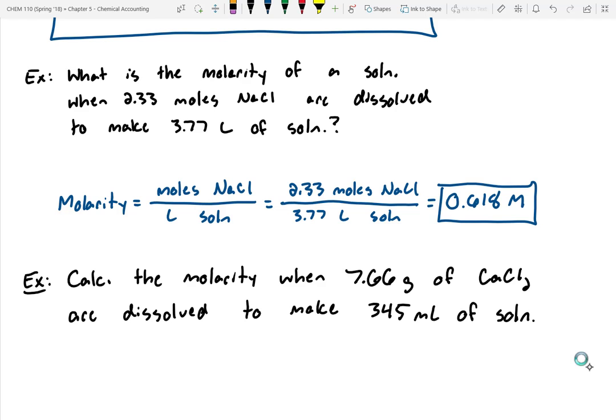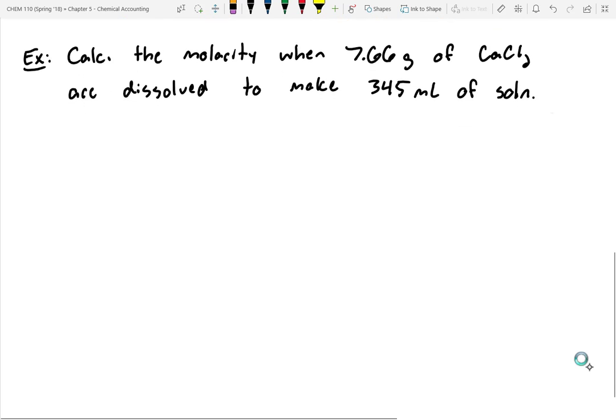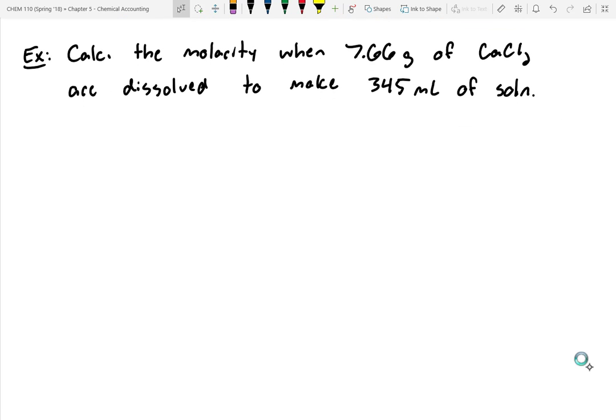I guess that's not really a question, it's more of a statement. So I'll give you some time to work on that. But you're going to have to do some unit conversions for this one. So check with a neighbor and make sure you're doing your unit conversions correctly.